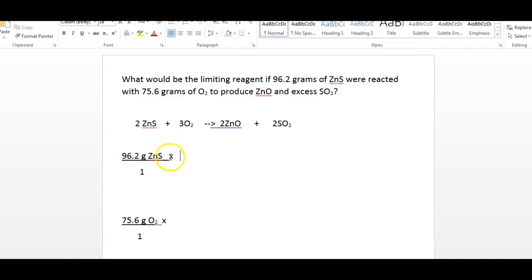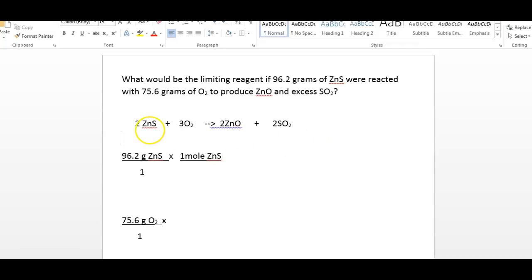The first thing we're going to do is convert the grams of this into moles. On the top it's going to be moles of zinc sulfide, and on the bottom it's going to be whatever the molar mass of that is. We figure that out just by knowing what zinc is.